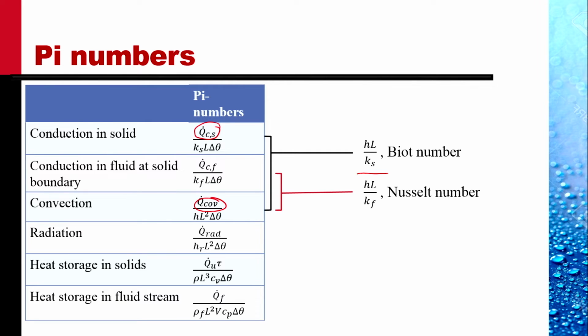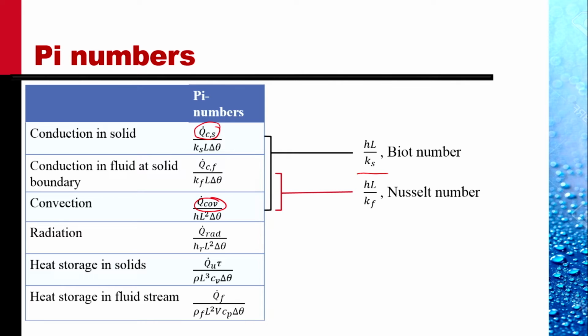If we equate the scale factor for conduction in fluid at the solid boundary with the rate of convection, then we get an equivalent formulation, hL by Kf, which is termed Nusselt's number, where K is the conductivity of fluid. Note the difference between Biot number and Nusselt number.